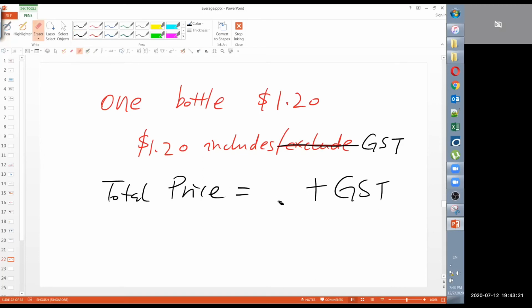Hello, can you fill up the blank here? Total price is equal to what plus GST? Cost. Yes. So if you agree with me, total price is equal to cost plus GST. Then can I ask you, 120 here is the total price or cost?